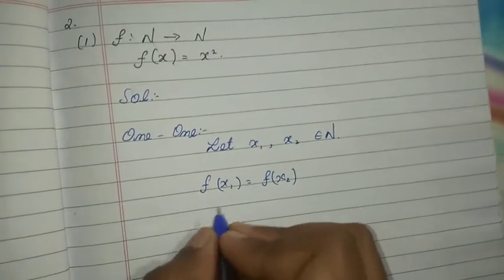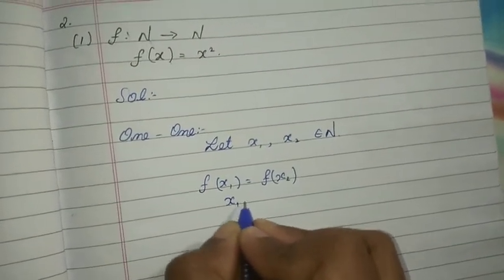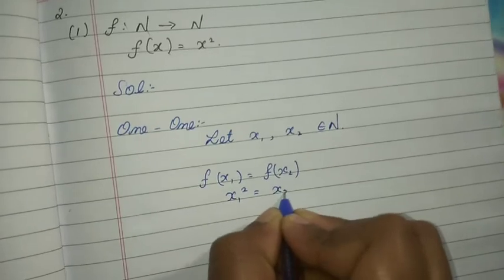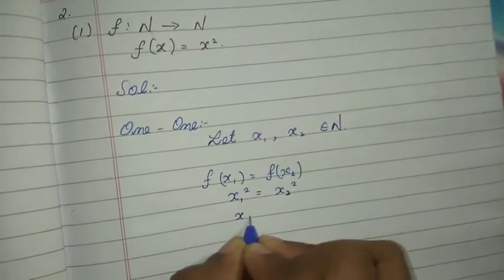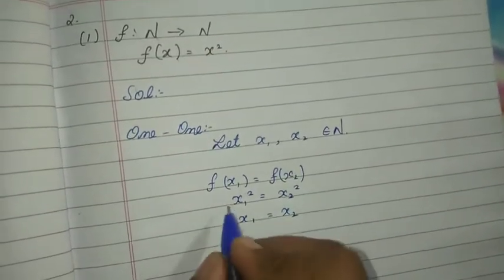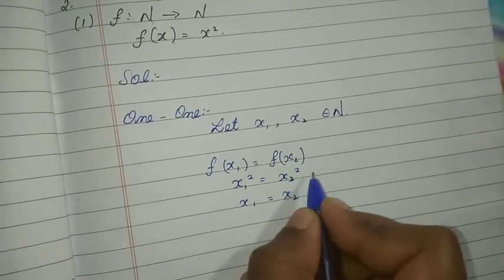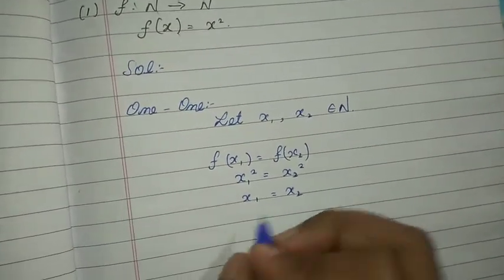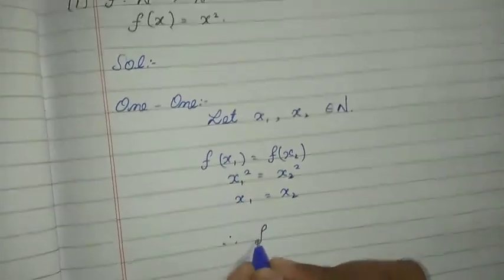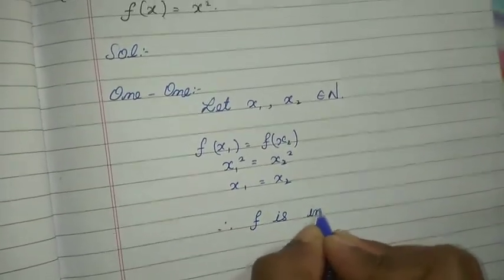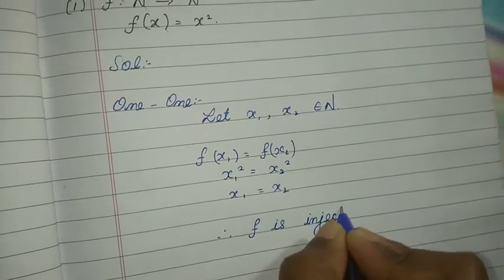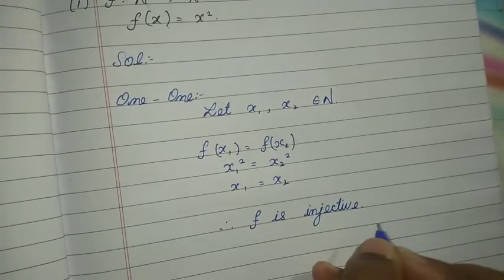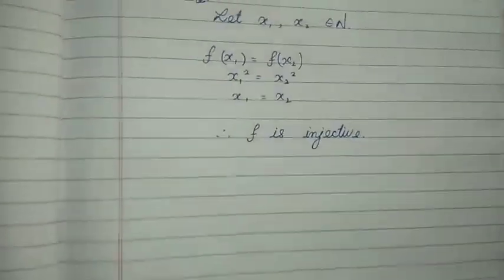So what is f of x? x square. So x1 square is equal to x2 square. So x1 is equal to x2. Just take a square root on both sides. So we will get this answer. Therefore, I will say f is injective.